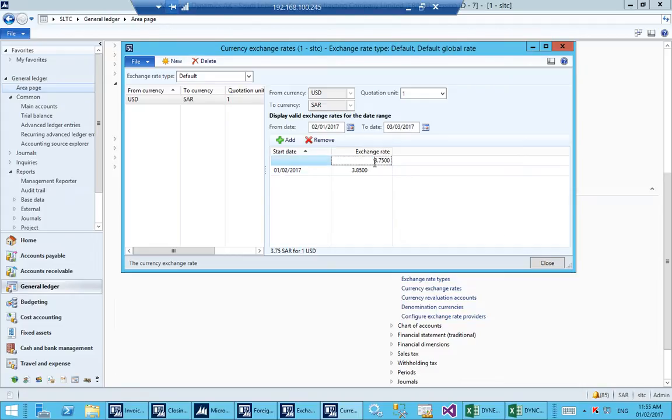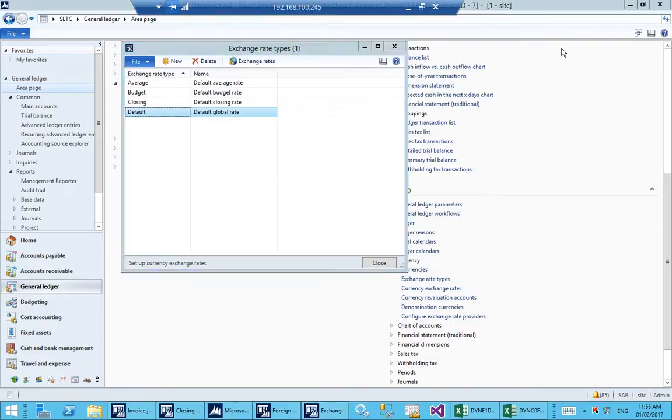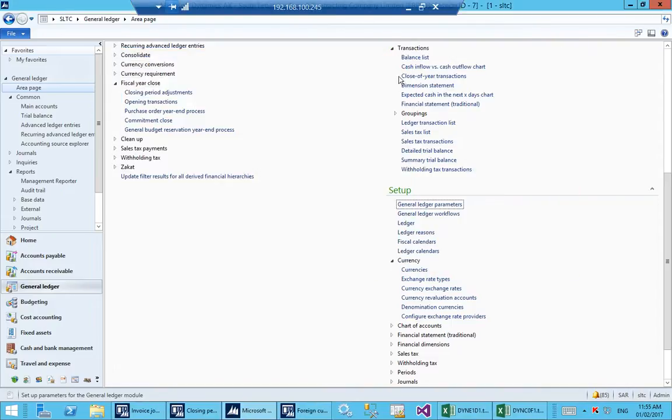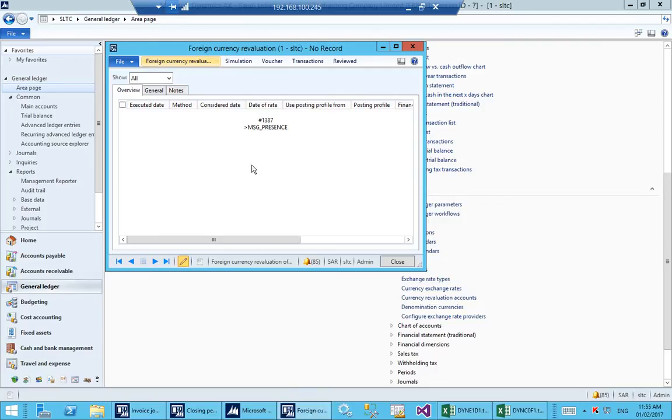It's the pegged currency, 3.755. That's good. Okay, no problem. We can do 3.76. Sorry, 3.76. We can make it like this. This is the start date. This is the next date. There are no transactions yet.